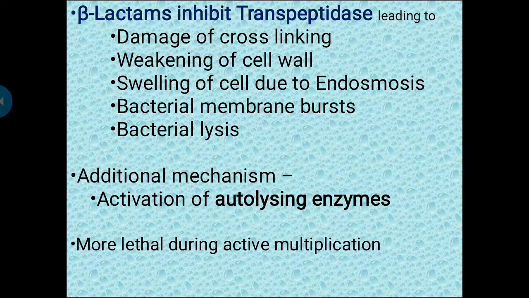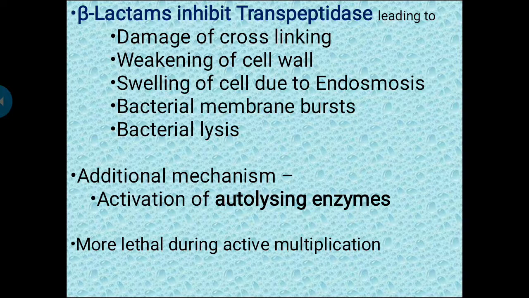So, if a question comes, what is the mechanism of action of beta-lactam drugs? You have to write in detail about the peptidoglycan layers, and the formation of peptidoglycan from N-acetylglucosamine and muramic acid. They are transferred from the cytoplasm to outside the cell membrane by the bactoprenol moiety, and after this there is formation of cross-links between the layers by the transpeptidase enzyme, and also within the layers by the transglycosylase enzyme.